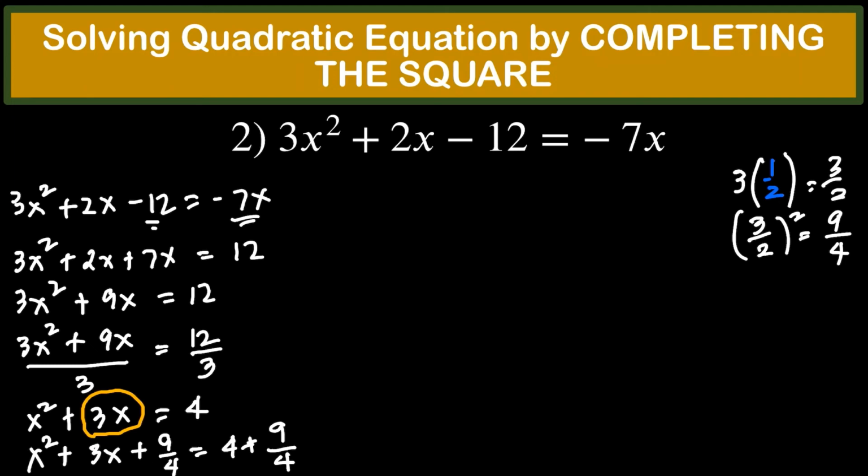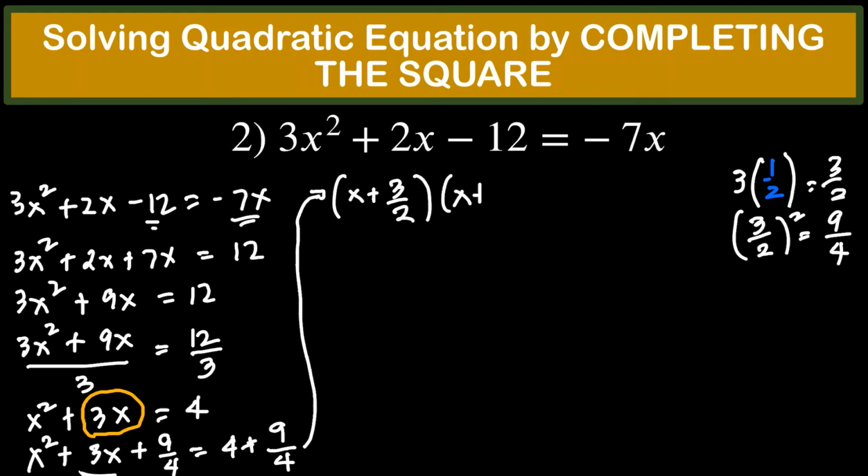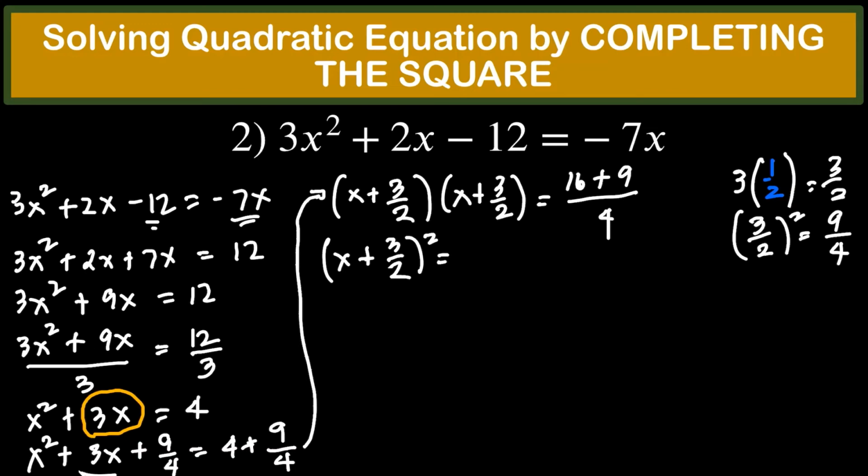All right, now we can rewrite this as x plus 3/2 and x plus 3/2 equals, the least common denominator is 4, and 4 times 4 is 16 plus 9. Okay, and so this will give us x plus 3/2 squared equals 25 over 4.